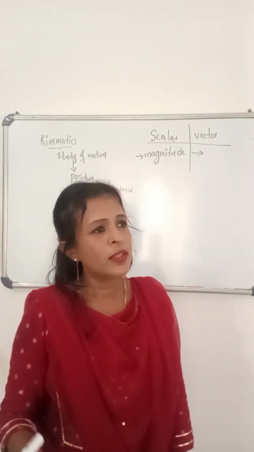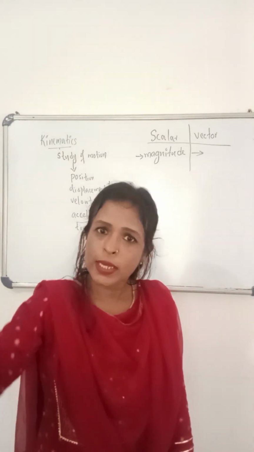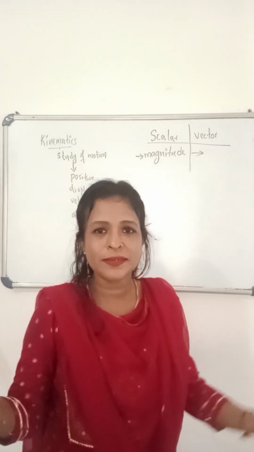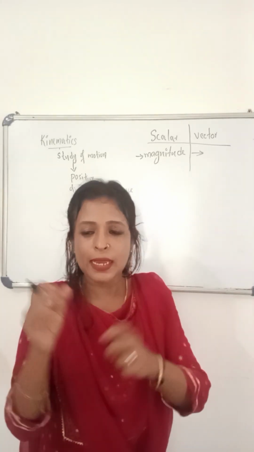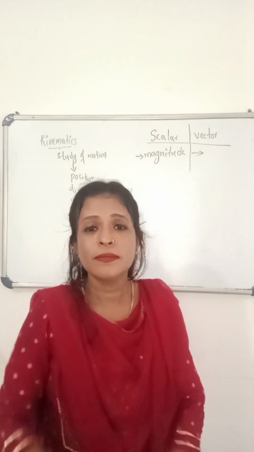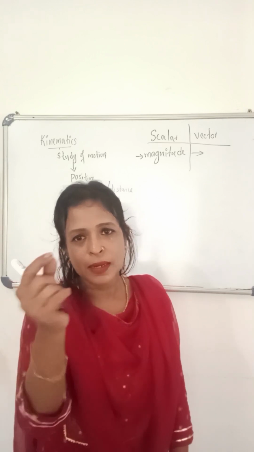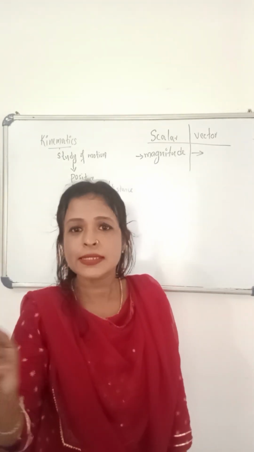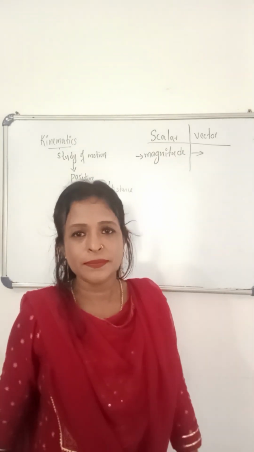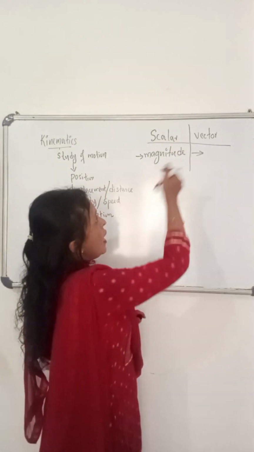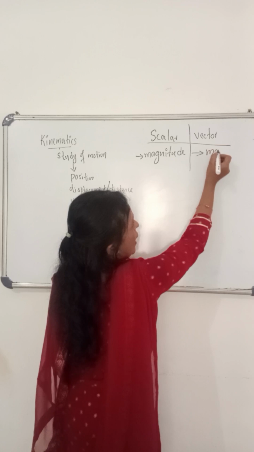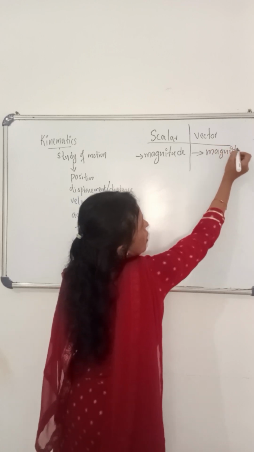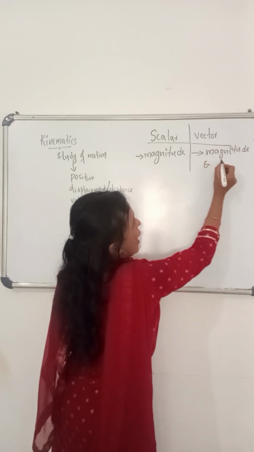Direction: x-axis direction, y-axis direction, z-axis direction. Can be involved 3 axes, some other point in space. We can describe with the x-axis, y-axis, z-axis simultaneously. So vector means both magnitude and direction.